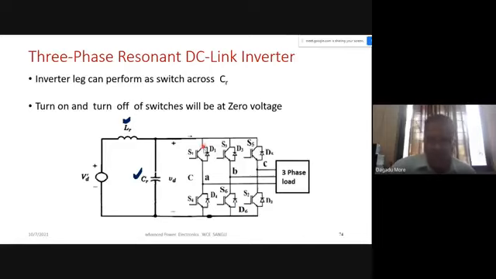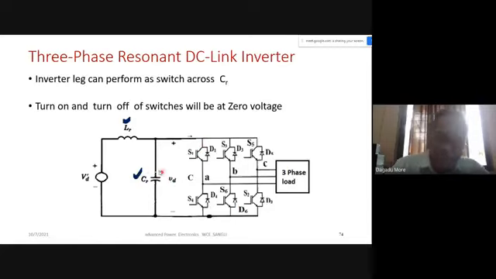Is it right? We have to turn on and turn off the switches. So simultaneously, how many switches will be conducting? In our case, 180 degrees mode, three devices will be conducting, one from each leg. At one instant, we have to switch off one device and turn on another device. And that instant is when our voltage across the capacitor is zero.